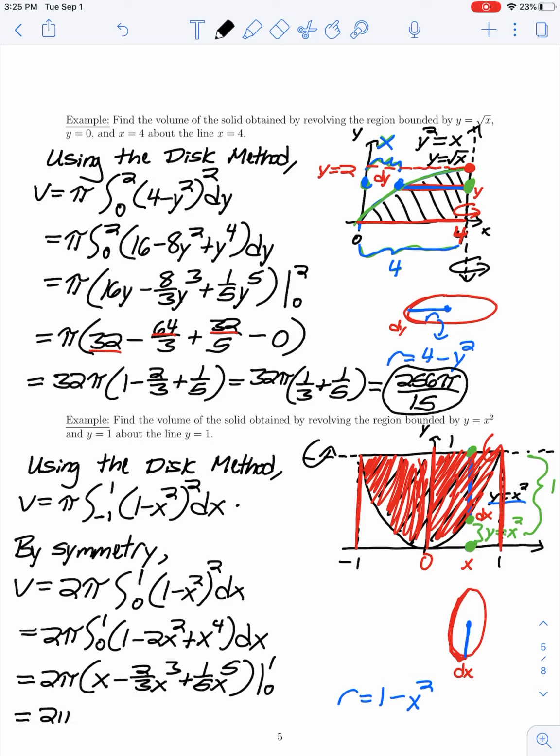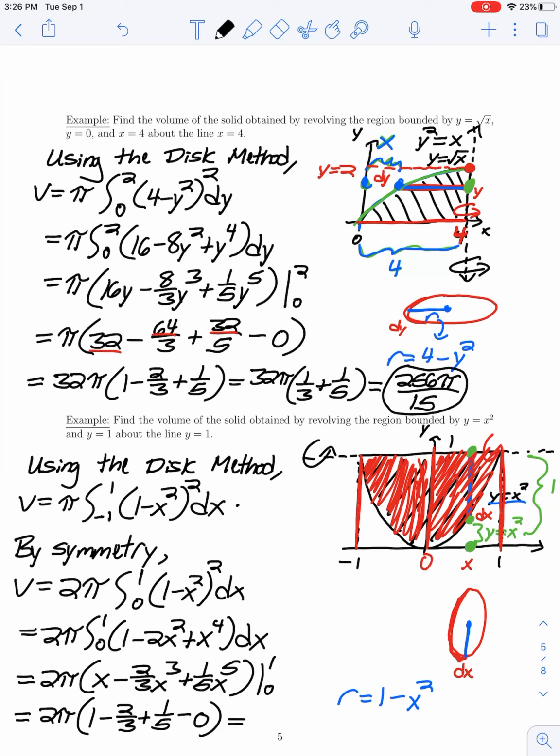That gives us 2 pi times, when we evaluate at x equals 1, 1 minus 2/3 plus 1/5, and then we subtract what we get when we evaluate at 0, which would be 0.